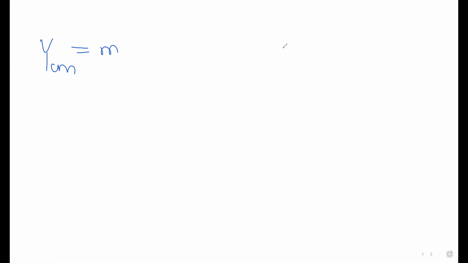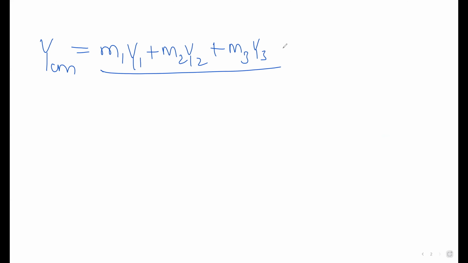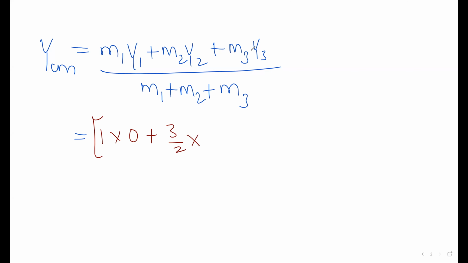So we use the formula m1 y1 plus m2 y2 plus m3 y3, divided by m1 plus m2 plus m3. Substitute all the values: m1 is 1 into y1 which is 0, plus m2 is 3/2 into y2 which is 0, plus m3 is 2 and y3 is root 3 a/2.